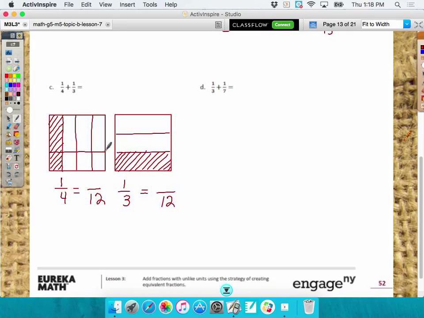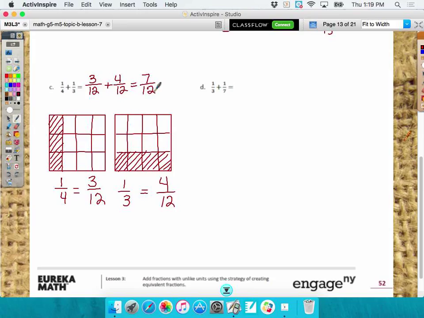Go ahead and add horizontal lines and vertical lines. Make sure you count the spaces. So this one becomes 3/12. Second one becomes 4/12. Rewrite the fractions, 3/12 plus 4/12.